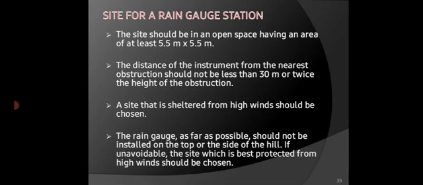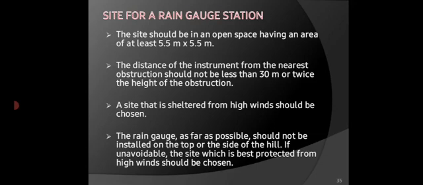Now the site for the rain gauge station. Where can we place this rain gauge? The site should be in an open space having an area of at least 5.5 meter by 5.5 meter.